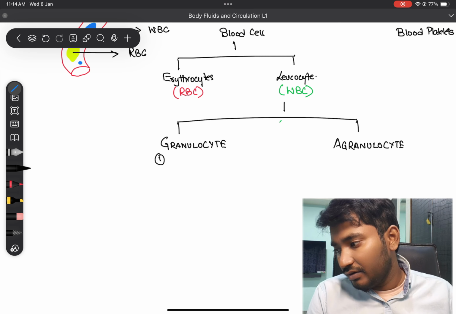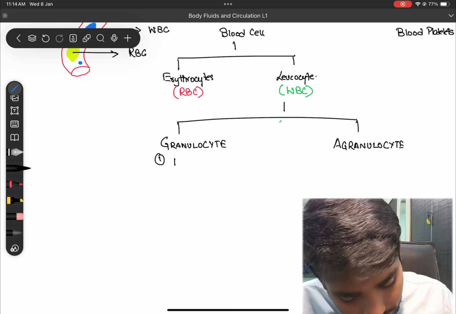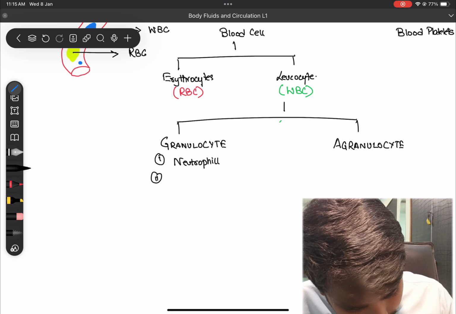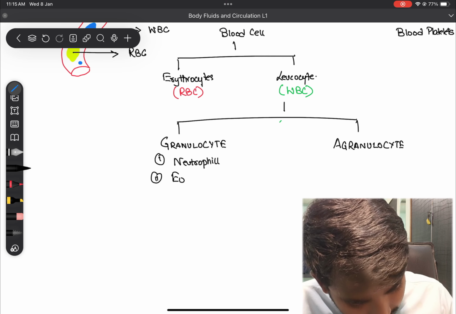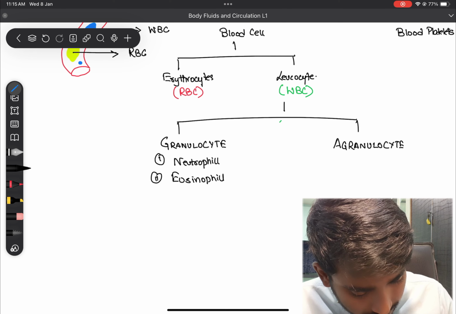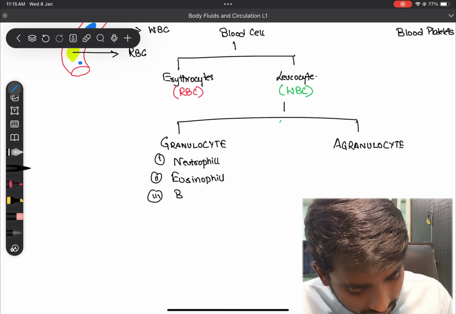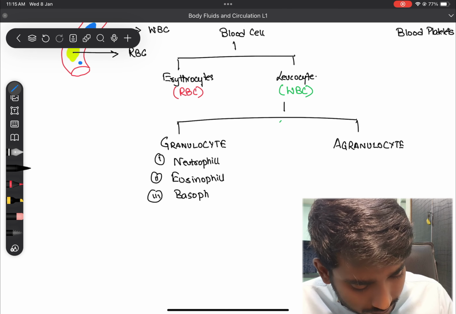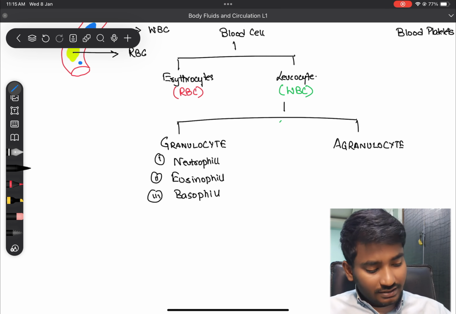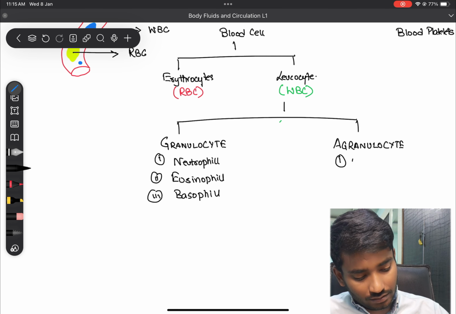Agranulocytes contain monocyte and lymphocyte.